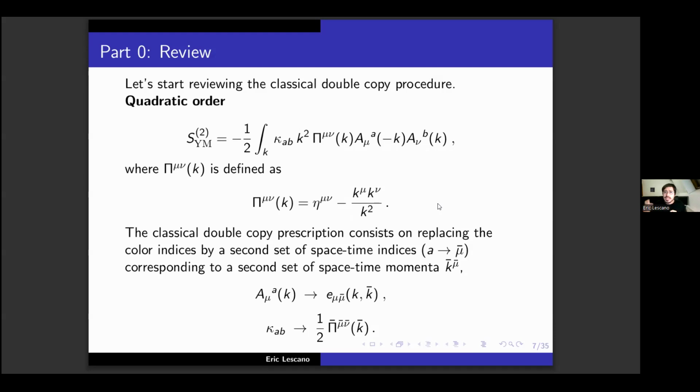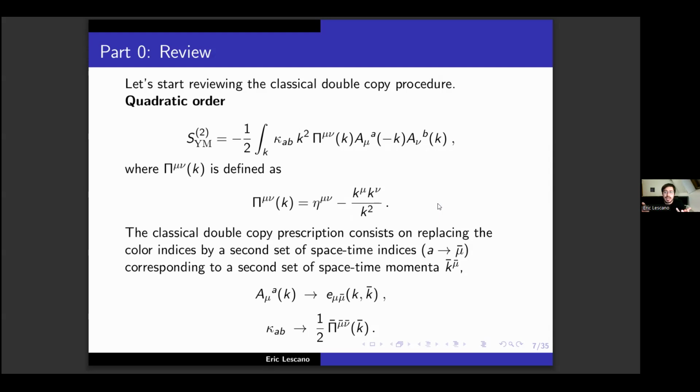And also we have this pi mu nu, and this pi mu nu is playing the role of, let's say, the propagator. It's kind of a vertex operator in this case, like a 2-point vertex operator in this way of writing the ordinary Yang-Mills Lagrangian. Of course, here we are considering just quadratic order, and that's why I don't have the structure constant.